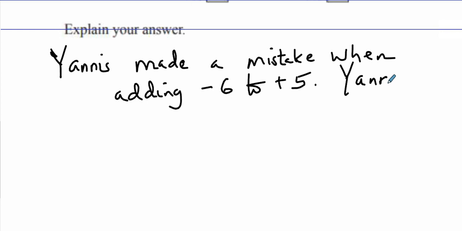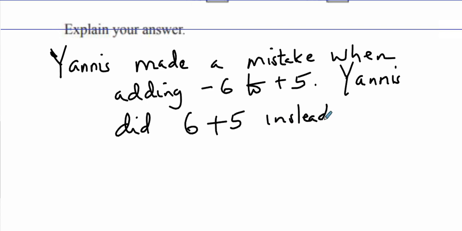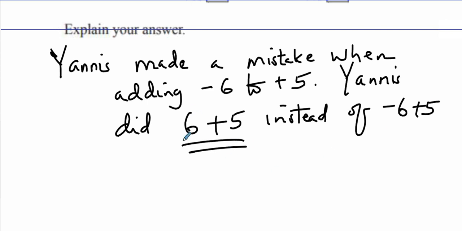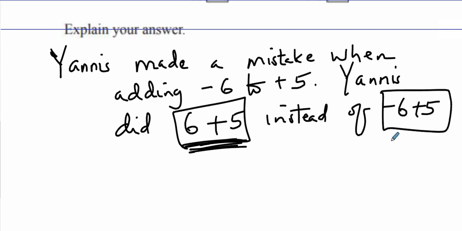Eunice did 6 plus 5 instead of negative 6 plus 5. So this is the mistake which Eunice made. This is the mistake. And this is a correct one.